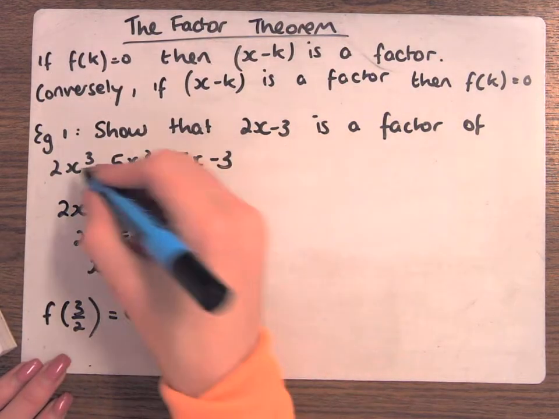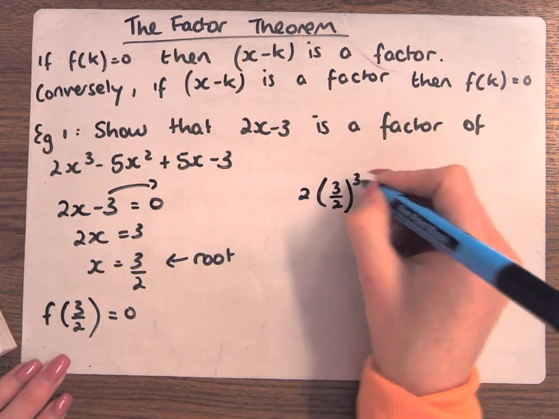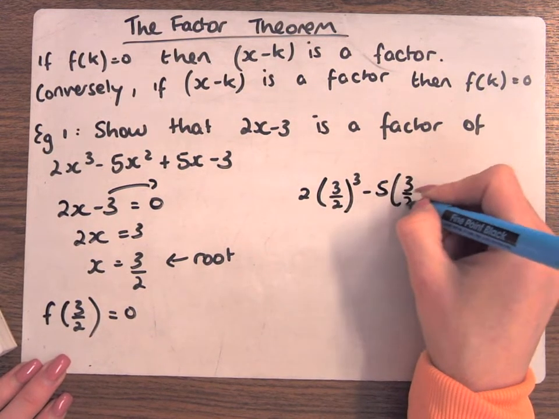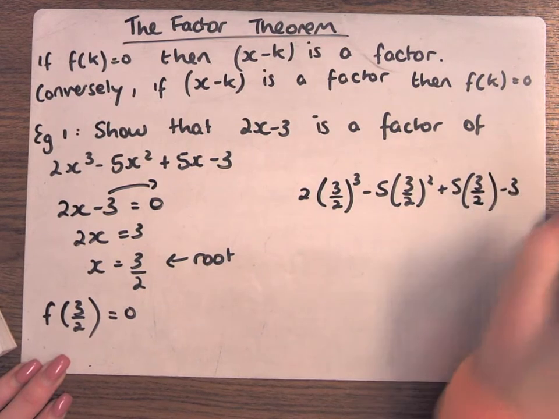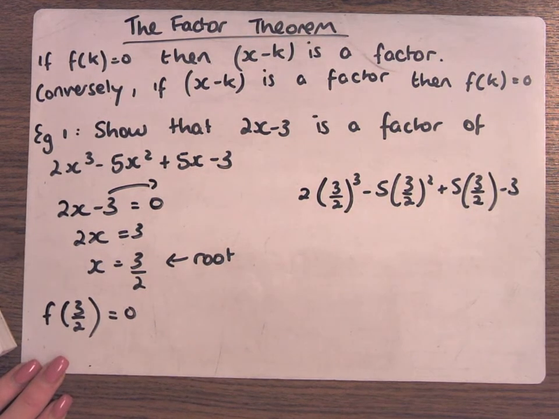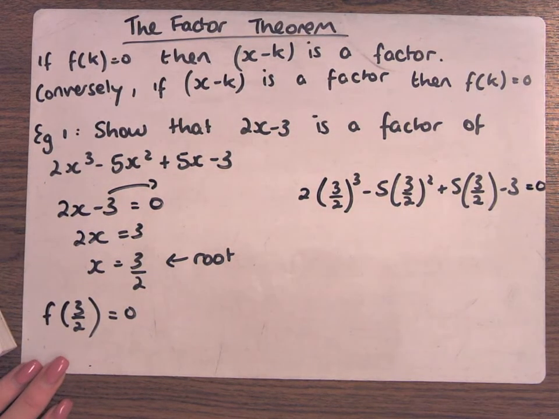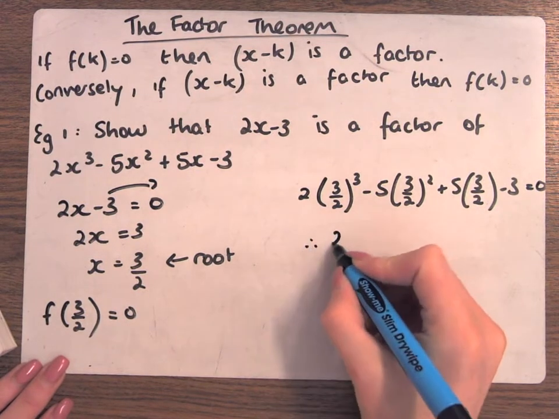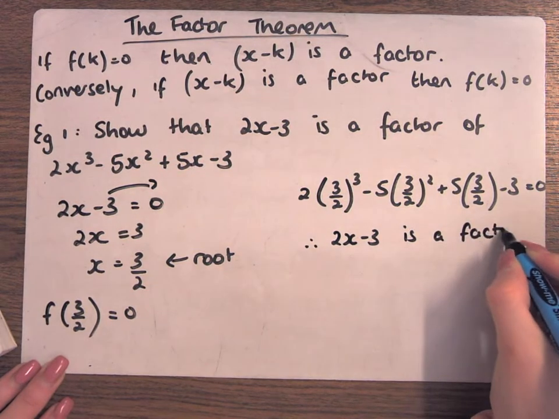Just fill it in. It's going to be 2x cubed minus 5x squared plus 5x minus 3. And I throw that into my calculator, and I get 0. That means it's a factor.